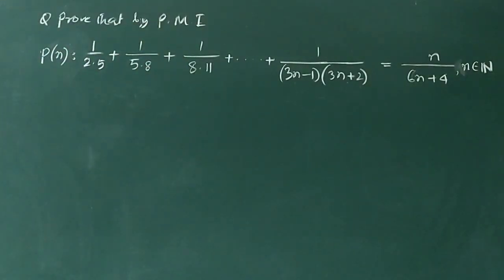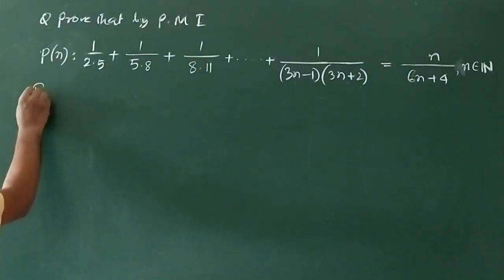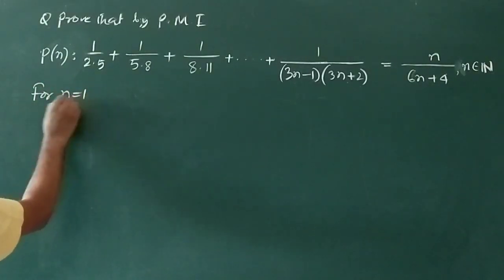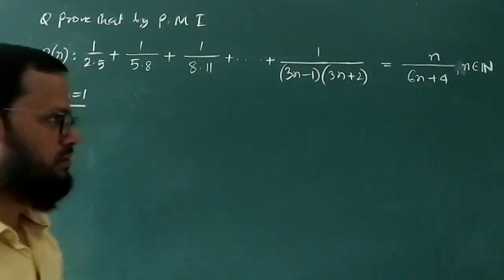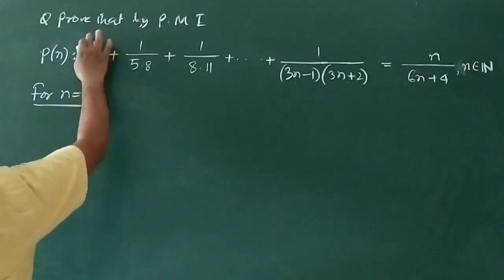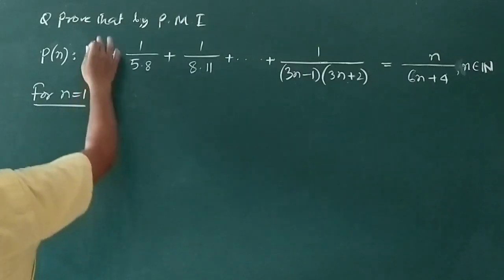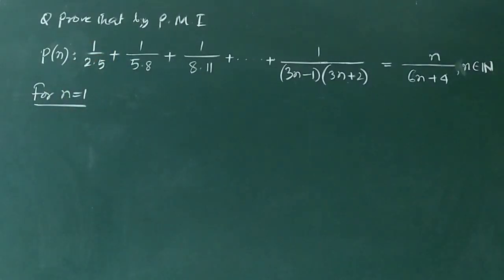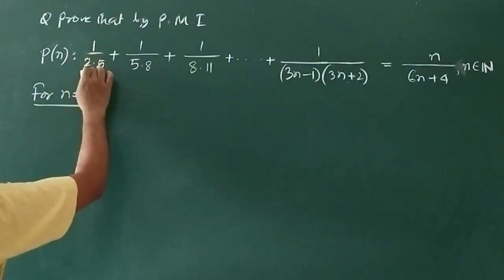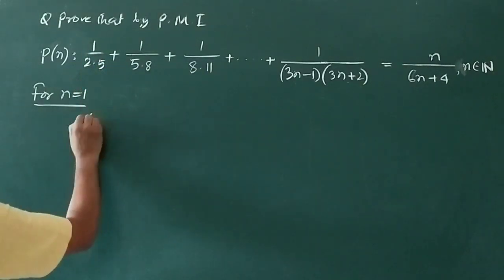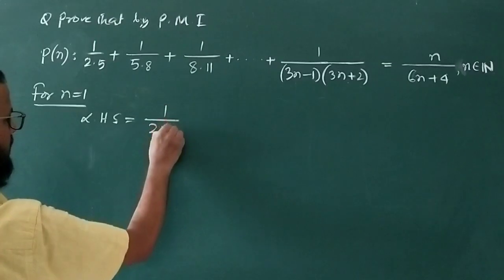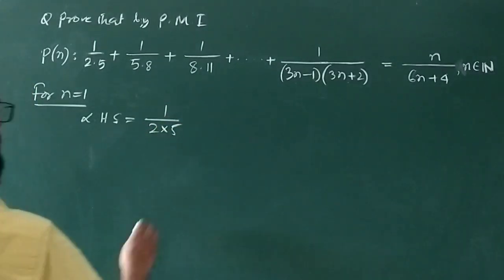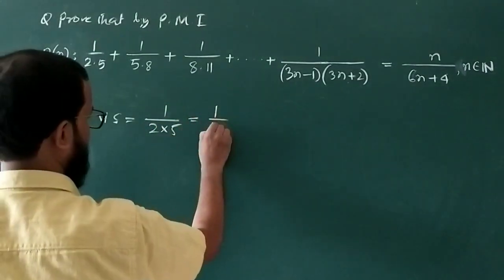Okay, and first you are to prove that for n is equal to 1. What is left hand side? There are left hand side as well as right hand side. So left hand side क्या हो रहा है? Only this term, because for n is equal to 1 there will be only one term in the left hand side, and that term will be 1 by 2.5. So left hand side is equal to 1 by 2 into 5, which is equal to 1 by 10.